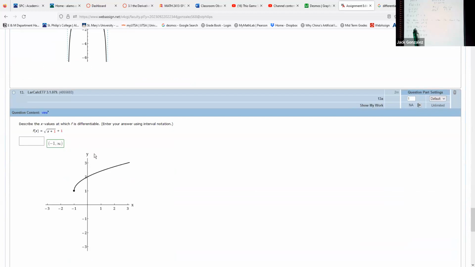This one, the domain is -1 all the way till infinity, right? We cannot go below -1 because then we'd have a negative inside the root. So where are we differentiable? In other words, where can we take derivatives? In other words, where are we continuous on f?